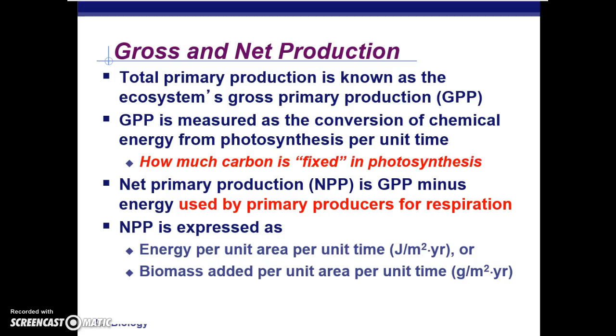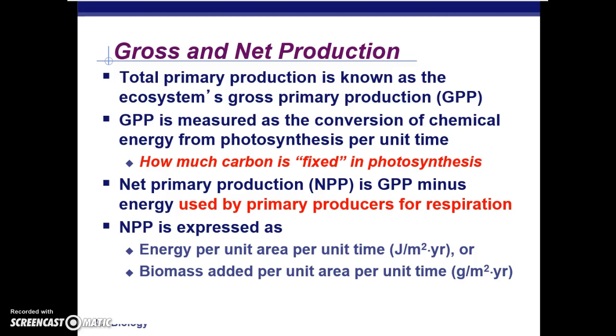So some of that oxygen is being used to burn some of the sugars that the producers have made. So that's how we end up with our net primary production.